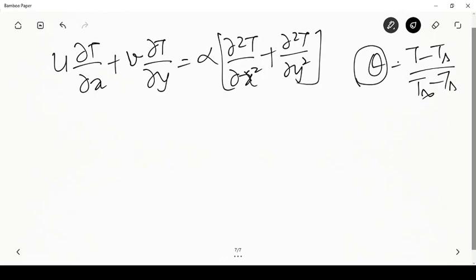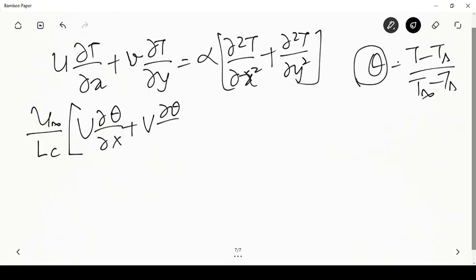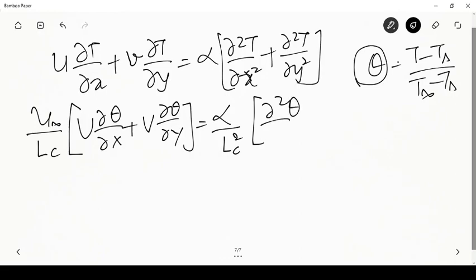And in addition to that, if I write the non-dimensionalization of u, v, x and y, then I'll get u infinity divided by LC multiplied by capital U del theta by del x plus capital V del theta by del y is equal to alpha, and there is a divided by LC squared that will come from this equation, multiplied by del squared theta by del x squared plus del squared theta by del y squared.